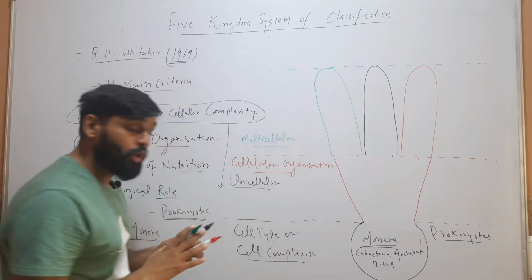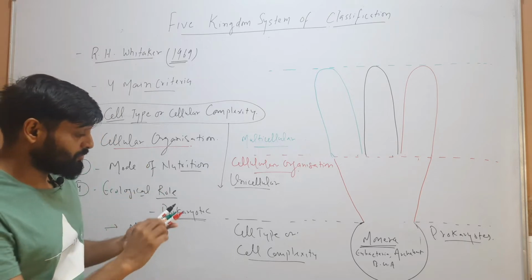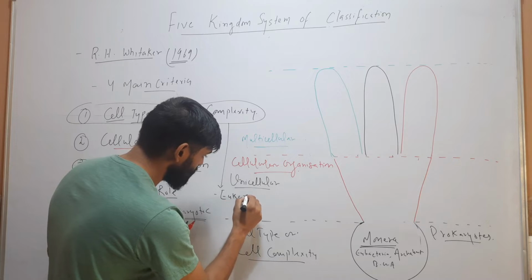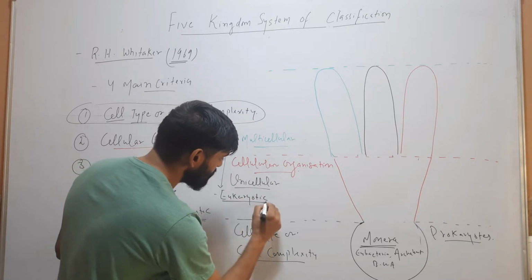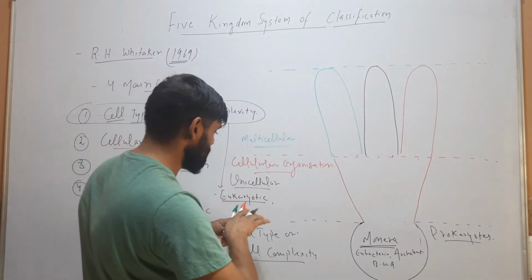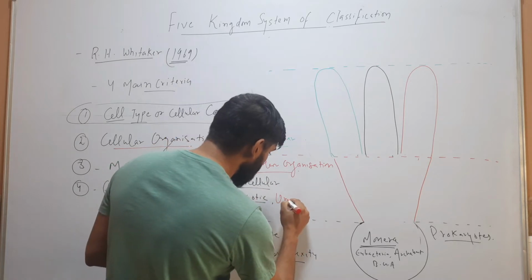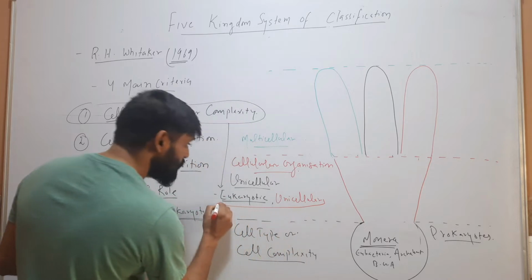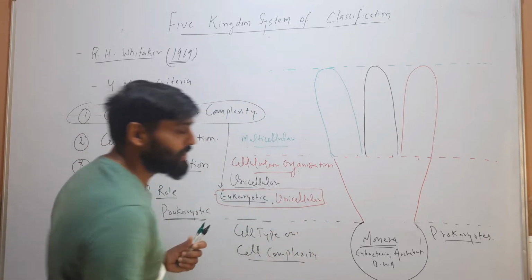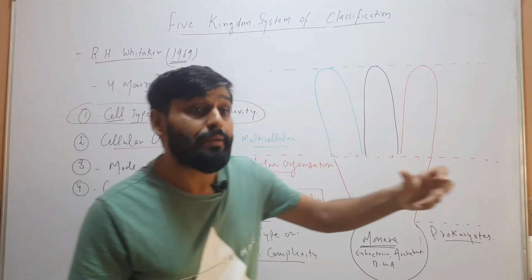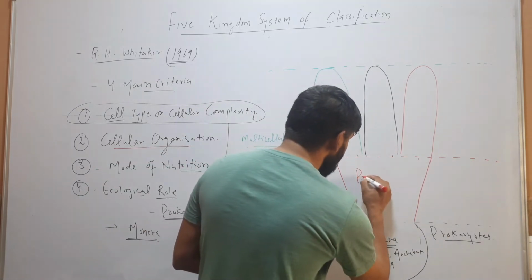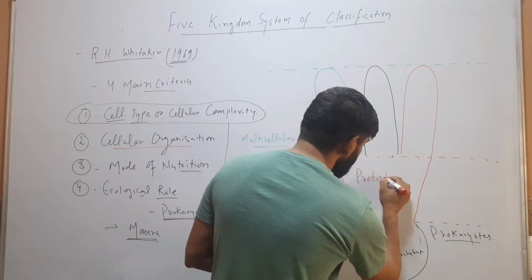So he kept all those organisms which are eukaryotic and unicellular in a different kingdom. That kingdom is called kingdom protista.